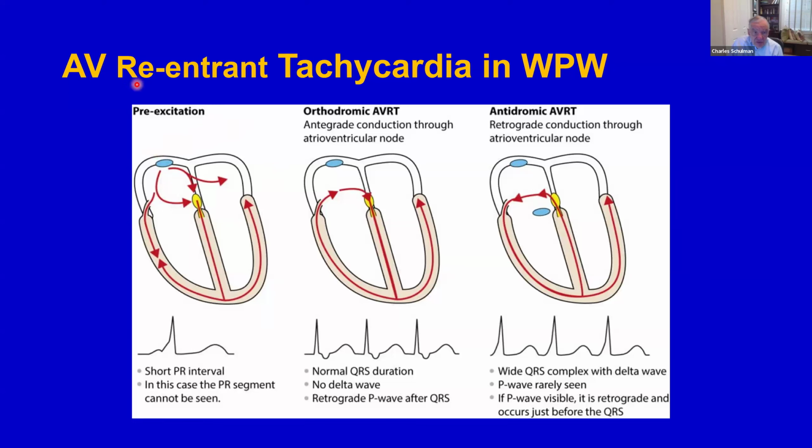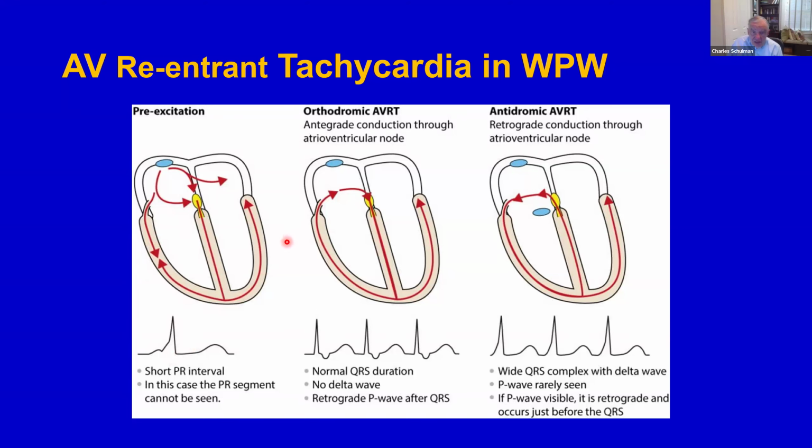And so what's happening here is the following. Wolff-Parkinson-White syndrome is called pre-excitation. There is a bypass tract that bypasses the AV node. So if you have transmission down the bypass tract that's faster than the transmission down the AV node, you get the short PR interval and the delta wave.